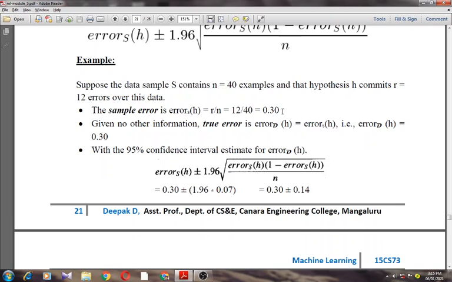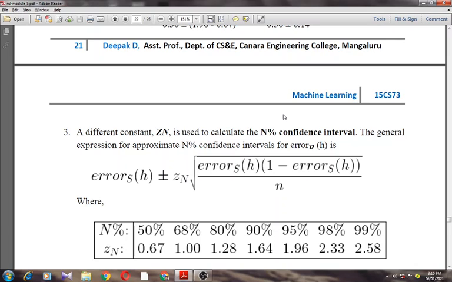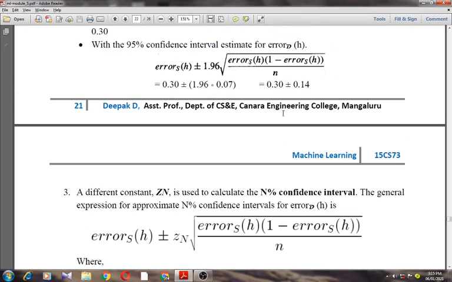In the current example, where R equal to 12 and N equal to 40, the 95% confidence interval according to the above expression is 0.30 plus or minus 1.96 into 0.07, which is equal to 0.30 plus or minus 0.14.